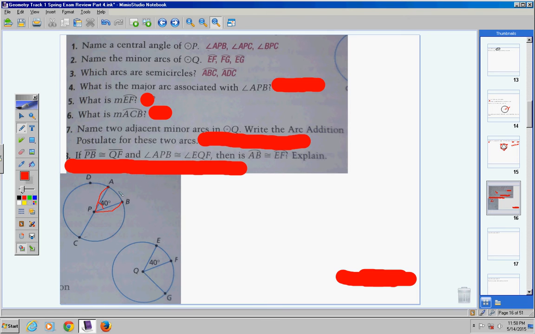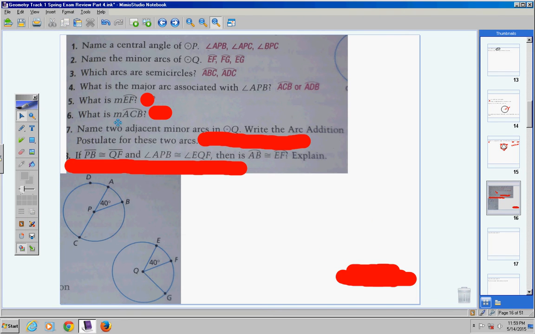Now, this is the minor arc, but they said they want to know the major arc. So the major arc would be the arc that goes from here to here. So you could call that, but remember, if it's a major arc bigger than a semicircle, you need 3 letters. So you could call it arc ADB or arc ACB. Any of those would work, okay? But that's the minor arc associated with angle APB.